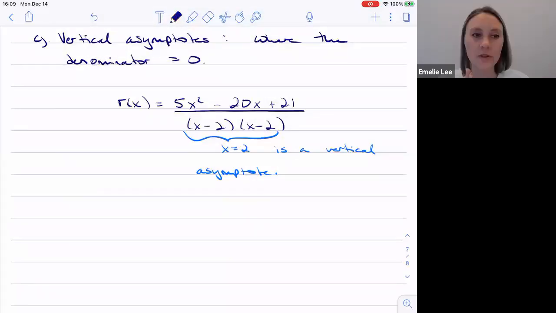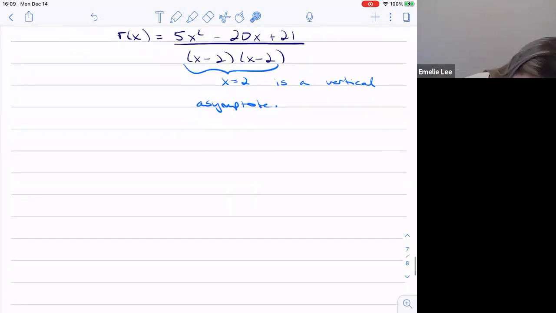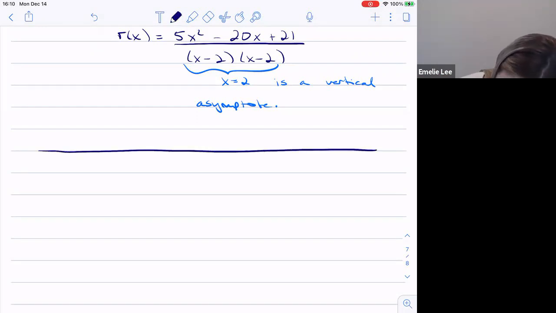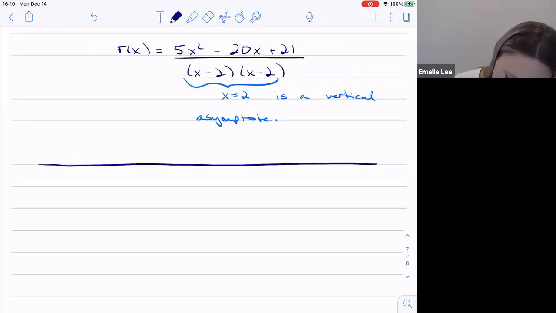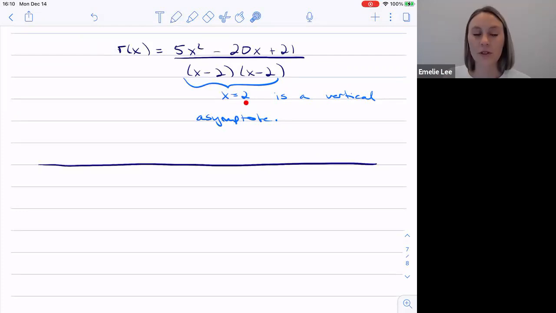Now, for the behavior, it's a lot easier to figure out if we're going to positive infinity or negative infinity if we've factored the top, but we don't have to. So I'm going to set up a table here. I've got my number line. There's only one vertical asymptote, so I only need to plot this one point at 2.